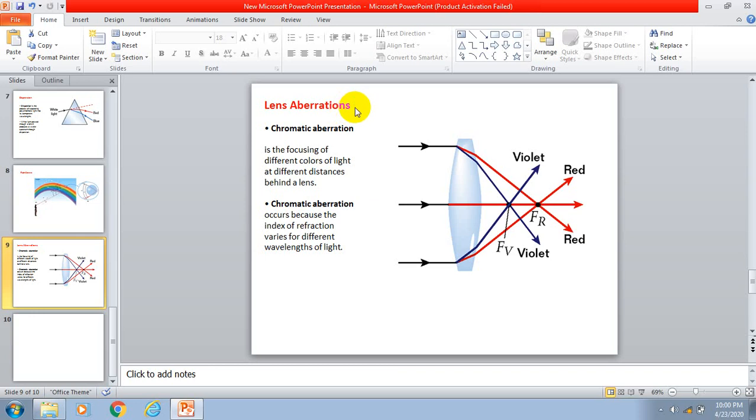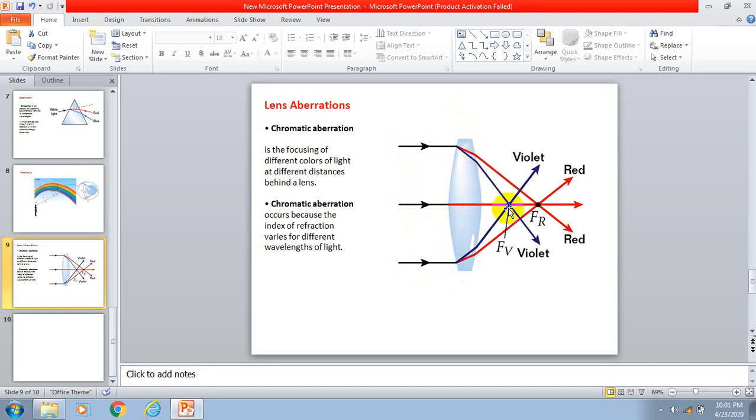Lens aberrations. Chromatic aberrations: it is the focusing of different colors of light at different distances behind a lens. Chromatic aberrations occur when the index of refraction varies for different wavelengths of light. Look, multiple lights are coming, passing through a lens.